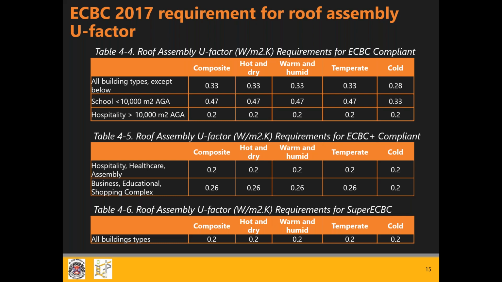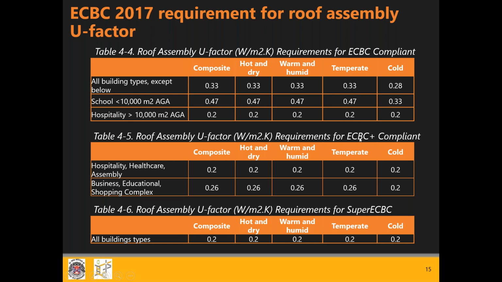Okay. Thank you. So we come back to this, where we say that the ECBC 2017 requirement for a roof assembly for an ECBC compliant building is 0.33 for all buildings except school and hospitality of these ranges, right?